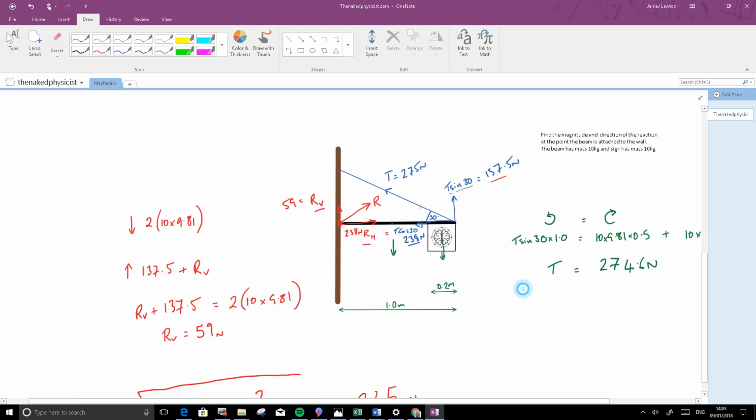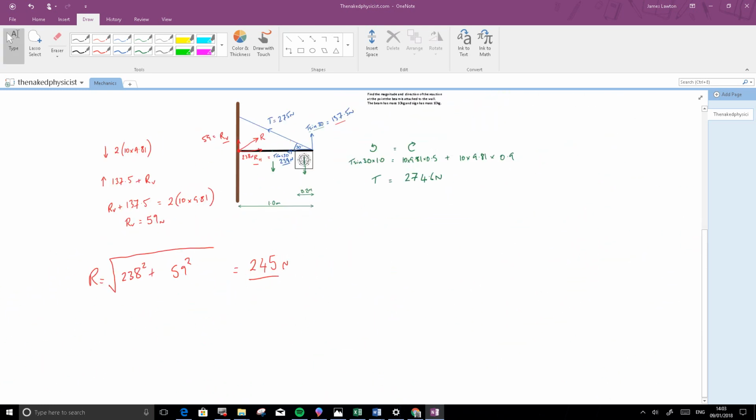Let's find the direction. Well, the same applies here. Let's apply basic trigonometry. Let's say we're going to find that angle there. We know that this length was 238, and that's the angle we're interested in. This will be 59.